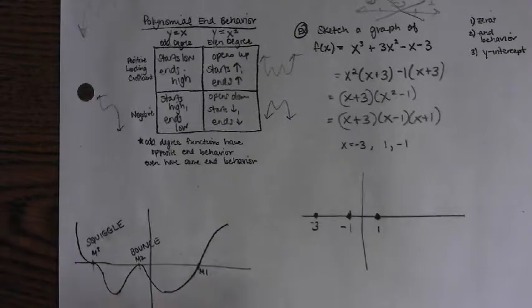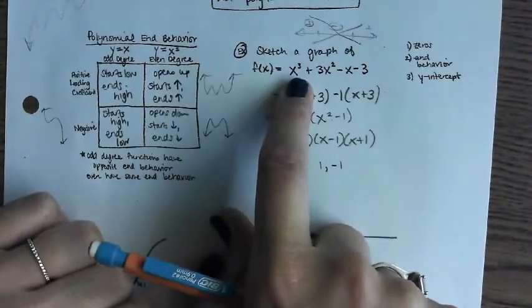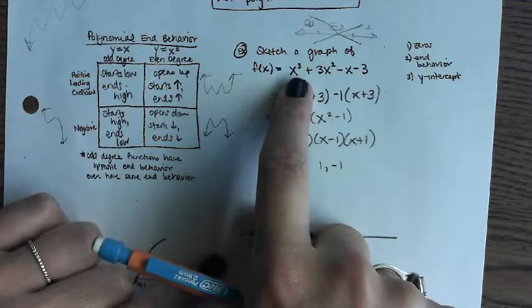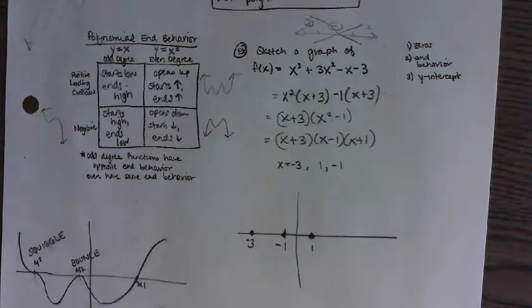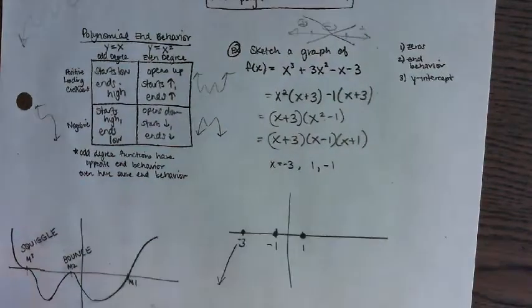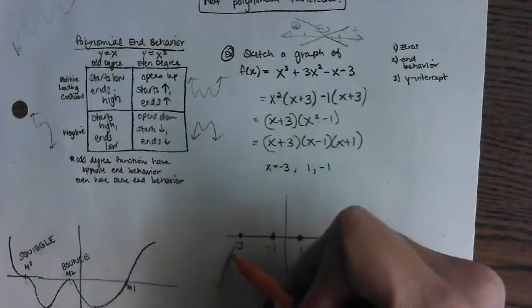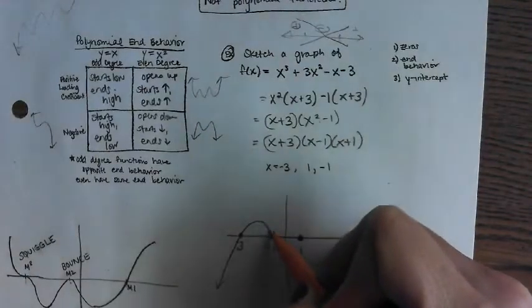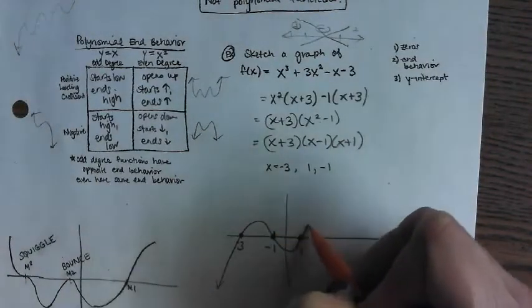Okie doke. So if I'm looking at this one, what's its behavior, Nate? How does it start? How does it end? Right. So I'm going to start coming from negative infinity, and everything is a single root, so I'm not bouncing, I'm not squiggling, I'm just going straight through, and at some point I have to turn around, and then at some point I have to turn around, and there we go.